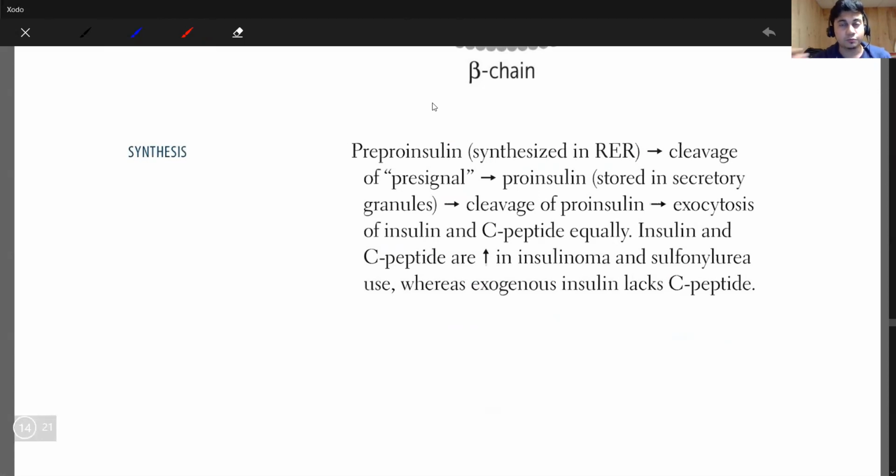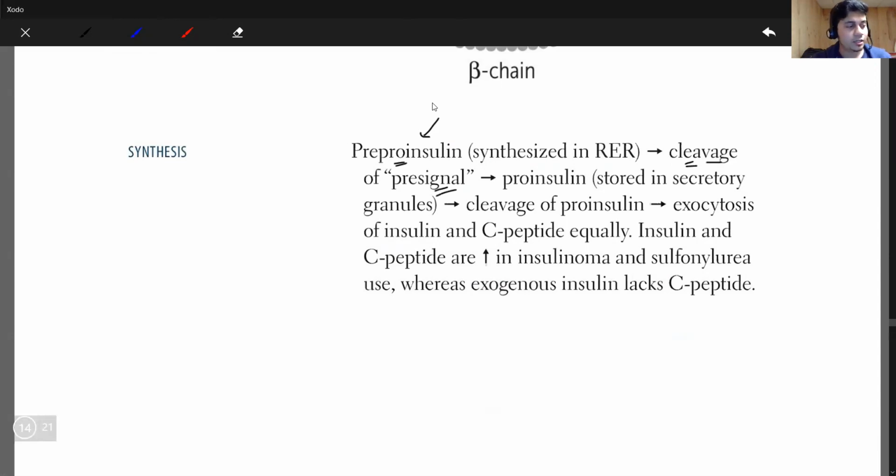Now, that insulin, which is yet outside of the rough endoplasmic reticulum, is called the pre-proinsulin. And this pre-proinsulin eventually goes inside the rough endoplasmic reticulum along with the signaling molecule. And inside it, that signaling molecule will be cleaved, and as it is written here, cleavage of the pre-signal or signaling molecule.